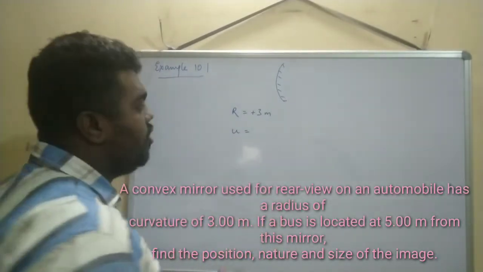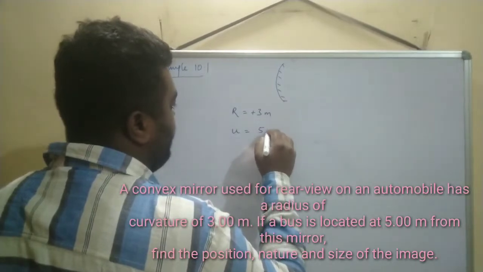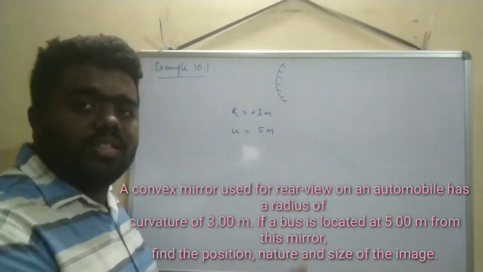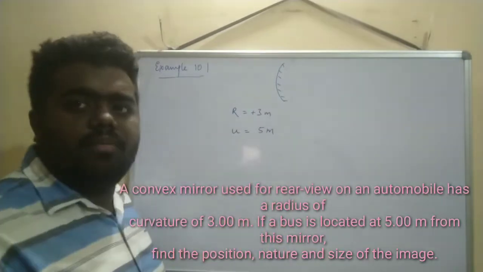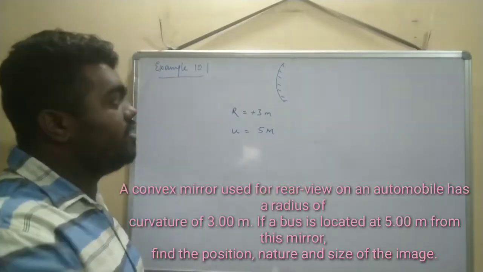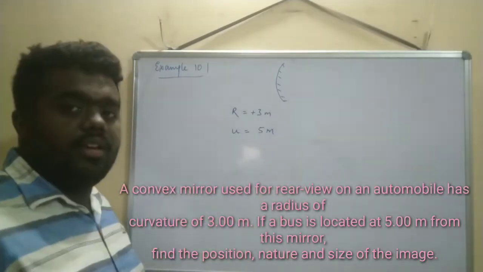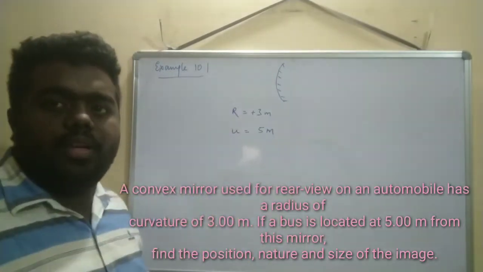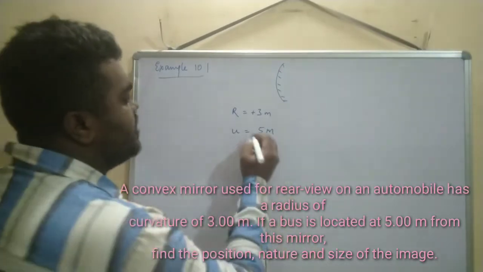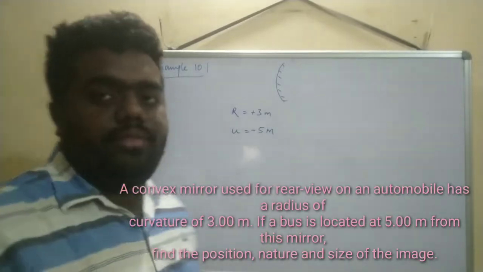U is how much? 5 meter. Now object always lie on the left side. Remember this thing, whatever the mirror may be, the object will lie on the left side, क्योंकि इस तरफ रहेंगे तभी तो उस पे image बनेगा. Now it is on the left side, so it will be negative.